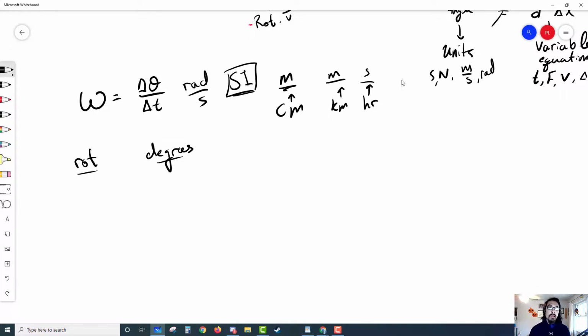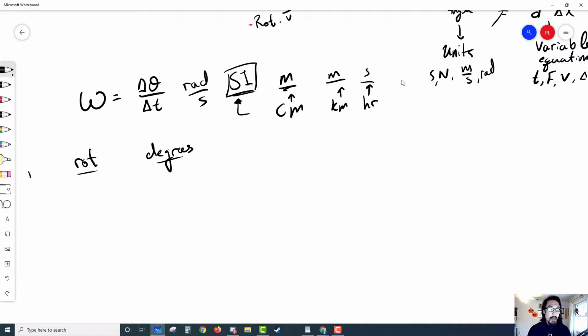This is important because all of our variables and units are linked to SI units. If you plug this in mathematically, you might get an incorrect answer, because the correct answer is in SI. So it's important to convert. We think about this in terms of radians per second and rotations per second.